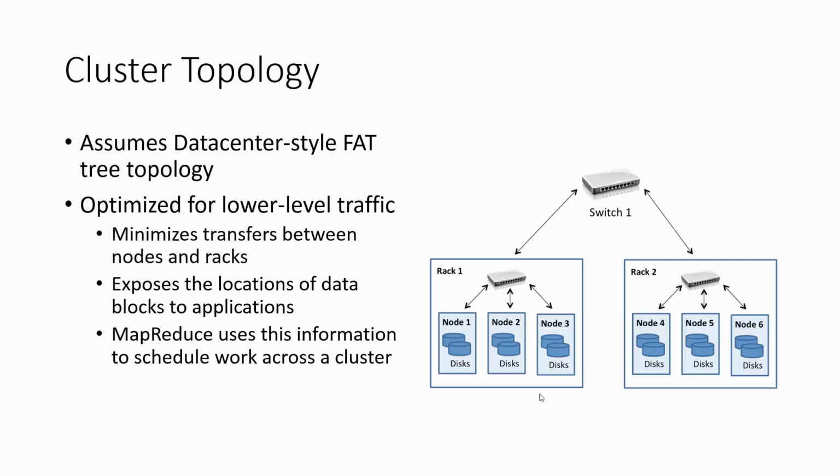So the MapReduce scheduler can schedule the tasks closest to the nodes that have the actual data blocks. And this is kind of interesting because distributed file systems typically don't do this. They strive for location transparency, but HDFS and GFS are fully aware of the locations and make that information available to the client if the client needs it.